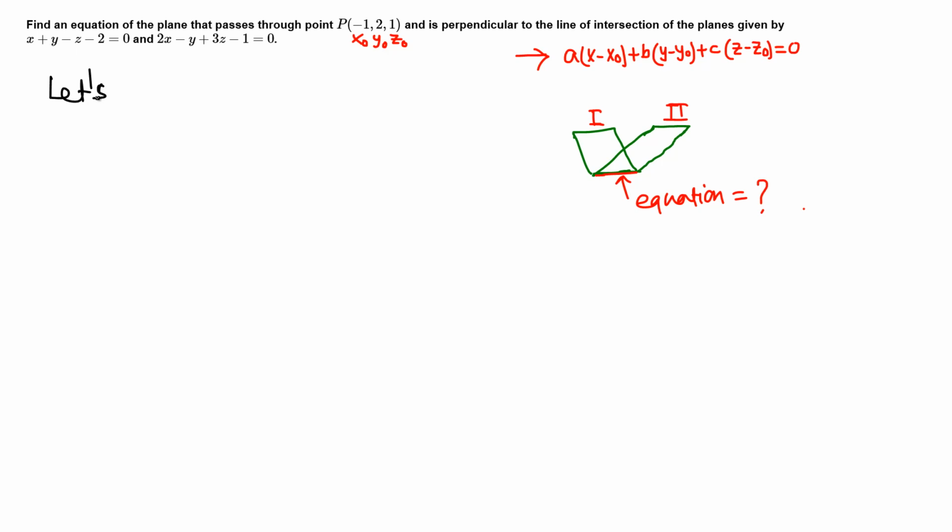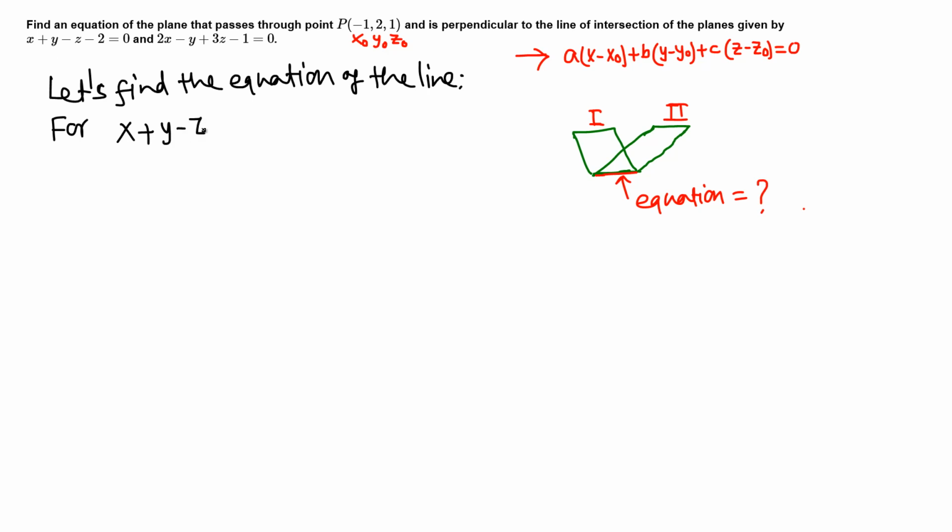Let's find the equation of the line, that is, the line of intersection of these two planes. We have x plus y minus z minus 2 equals 0, and 2x minus y plus 3z minus 1 equals 0.